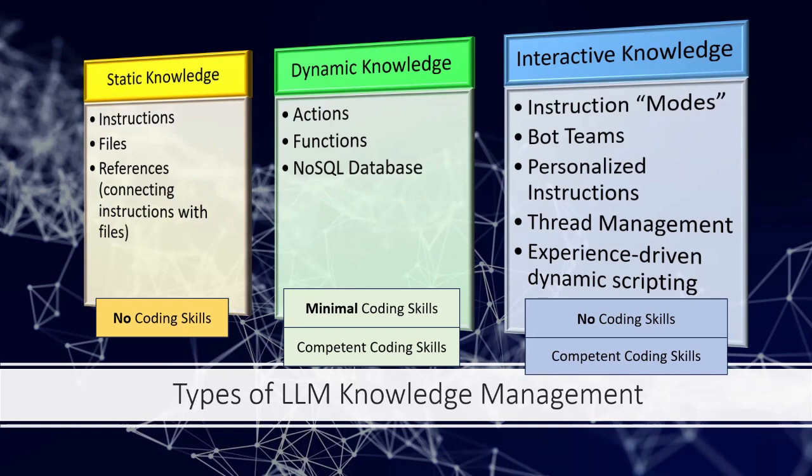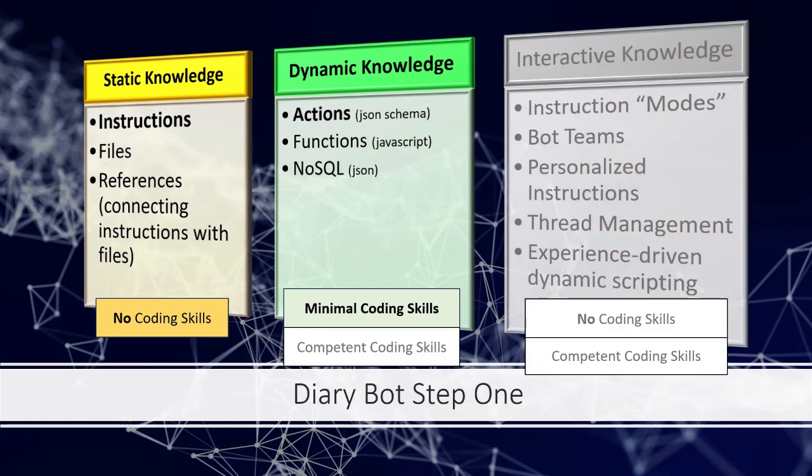We're calling that interactive knowledge inside the platform, not frame. That generally requires some competent coding skills. So today we'll touch on minimal coding skills and dynamic knowledge as we have these schemas, but we are going to again address the static knowledge side of this.